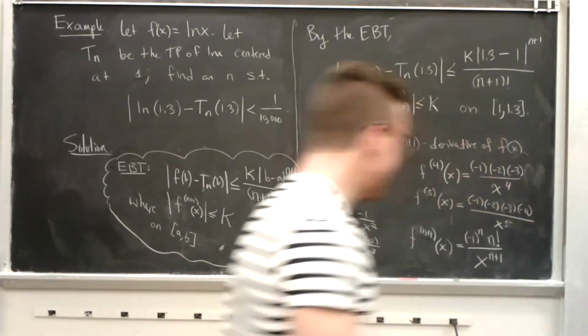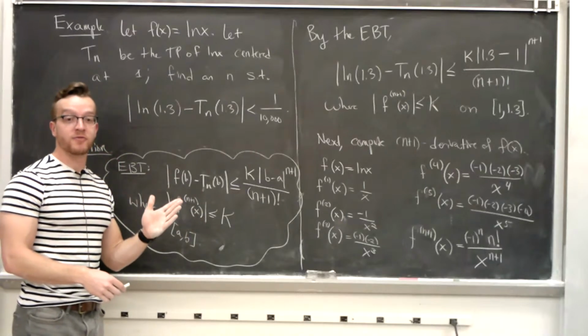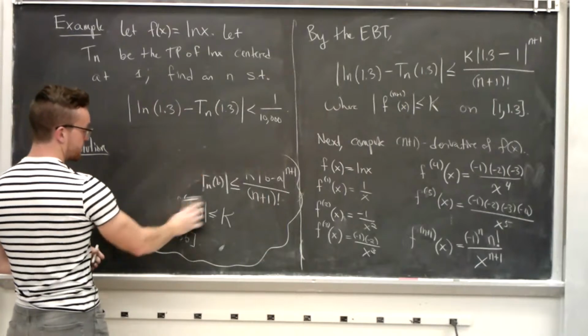Okay, so that's the n plus first derivative, but we actually just care about the absolute value of the n plus first derivative, right? So let me continue this over here.